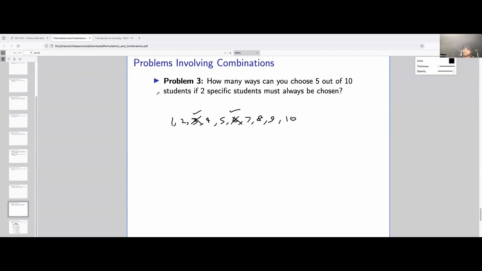So the answer for this question, this one's actually easier than the last one, is just 8 choose 3. If we calculate that out, I'll write it out: 8 factorial over 3 factorial times 5 factorial.